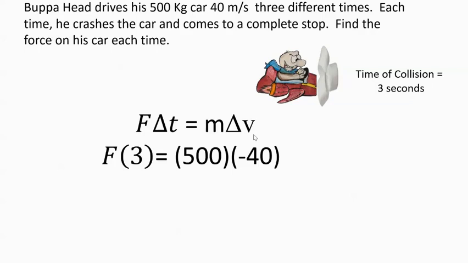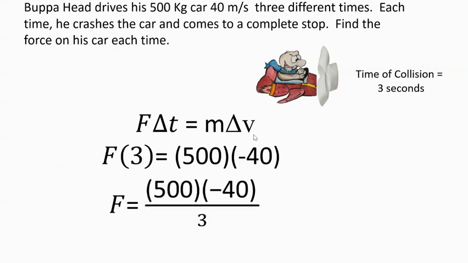The thing that he runs into doesn't change that because he's going at one speed and then he comes to a stop. So his change in momentum is identical for these three collisions. But this time we have a larger time, so we divide by that larger time, and we get a smaller number. We get minus 6,667. So increasing the time of collision can significantly decrease the amount of force that he feels.